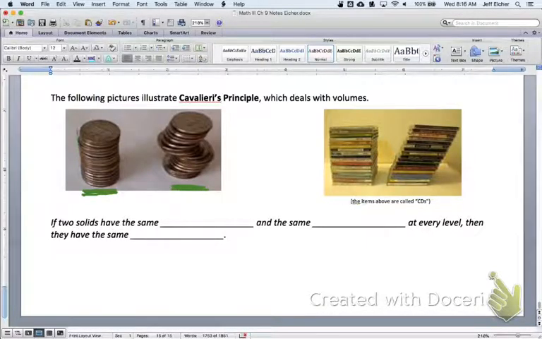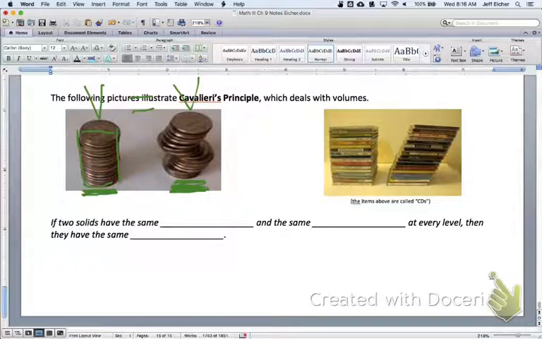Even though this one is a nice orderly pattern, as long as there's the same number of quarters, same height of quarters, and each quarter has the same volume, then this volume is the same as this volume. So this volume would equal this volume, as long as they're the same height of quarters and each quarter has the same individual volume.